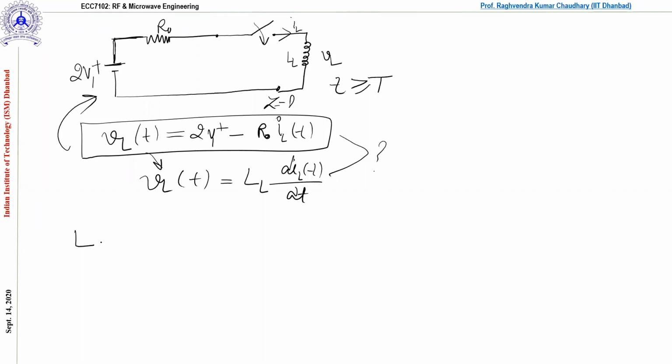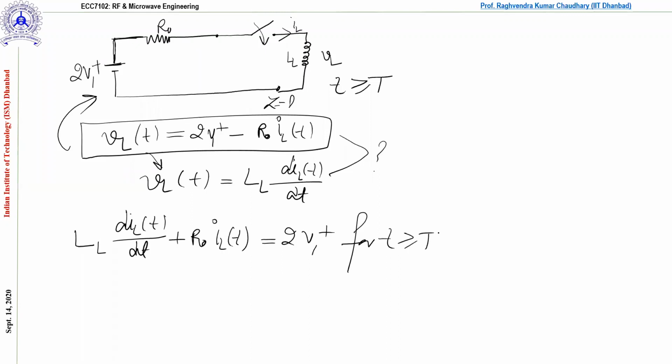I'm writing L_L dIL as a function of time over dt plus R0 IL as a function of time equal to V1 plus, for t greater than or equal to capital T. I did nothing actually, I just rearranged all those things, replacing this term with 2V1 plus minus these terms, bringing it down to the right hand side, and writing the equation like this.